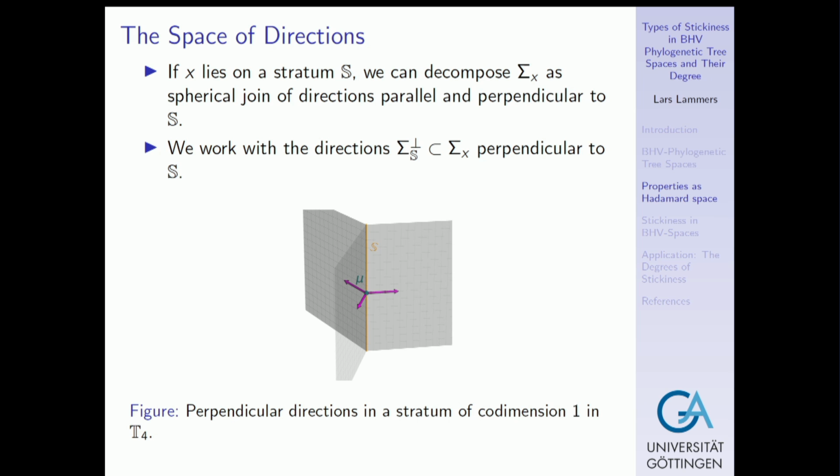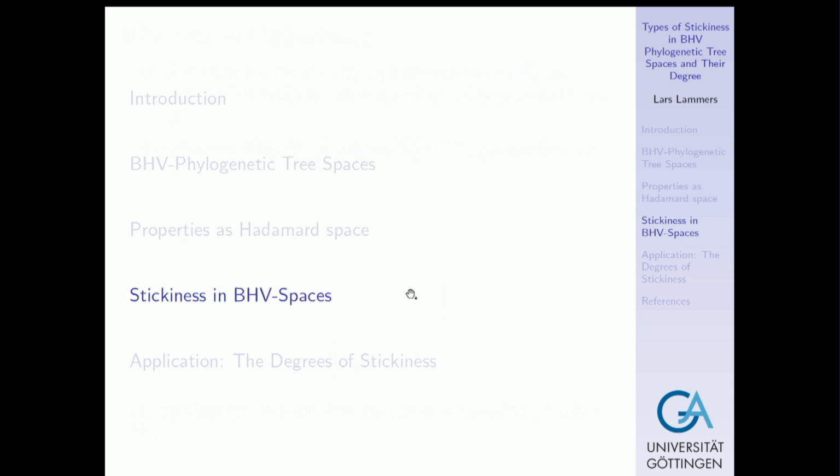For the study of stickiness, the perpendicular ones are the interesting ones. In this case, we still have this book-like structure, and your perpendicular directions at the point μ would then just be these three here.